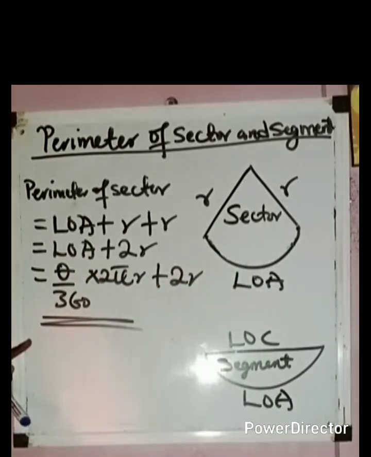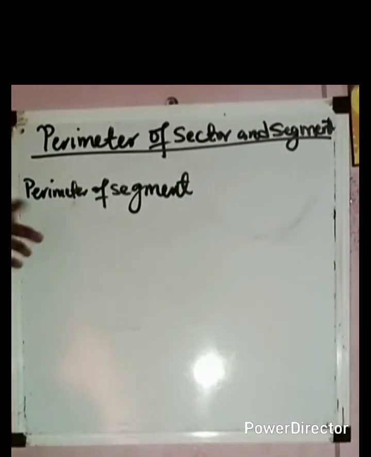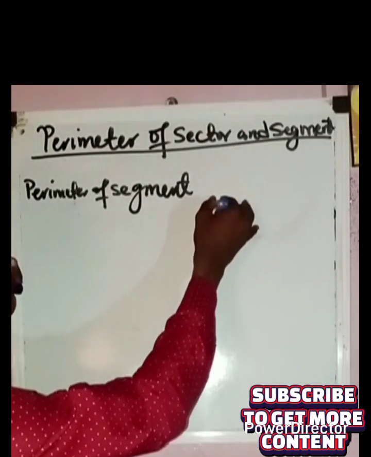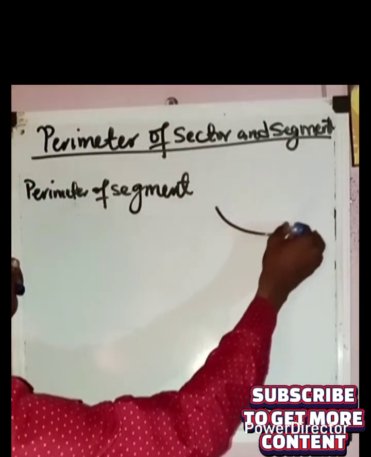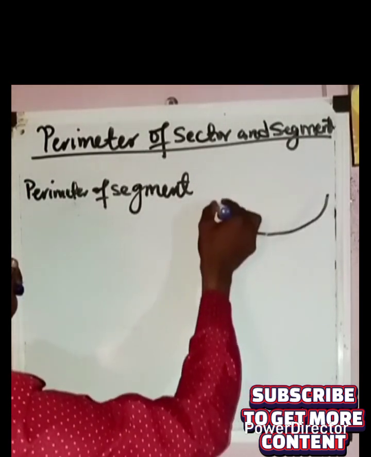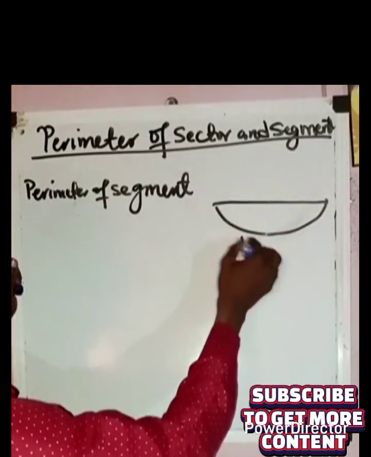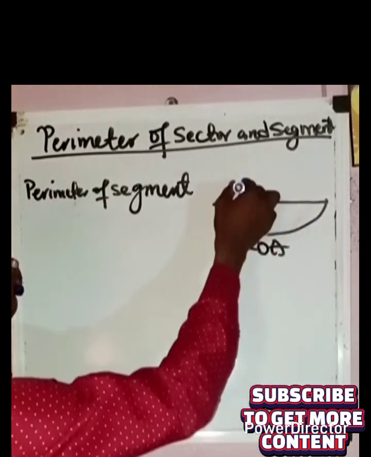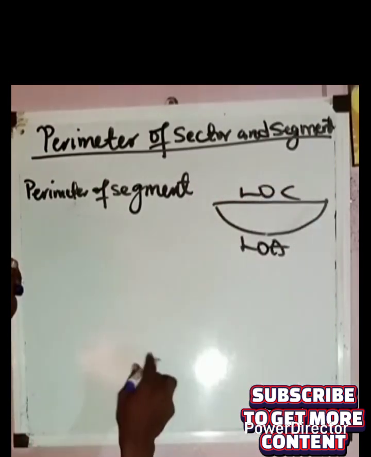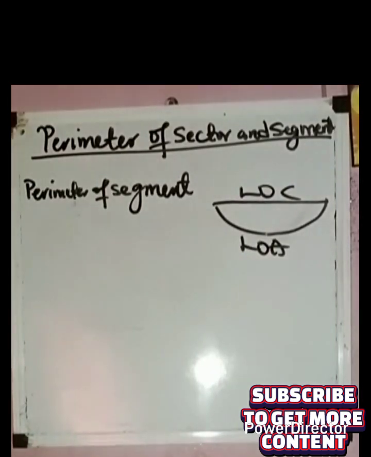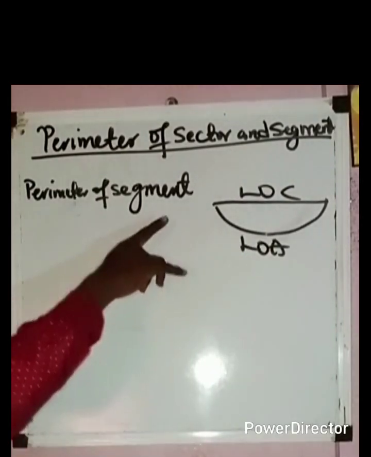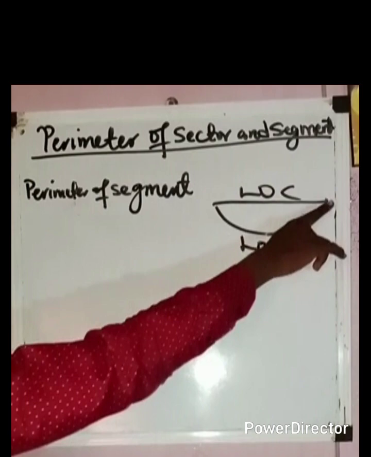Let's quickly look at perimeter of segment. Remember, the diagram of our segment is gotten from length of arc plus length of chord. Take note, these are length of arc and these are length of chord. Remember, we said that perimeter simply means adding the boundaries of any object.